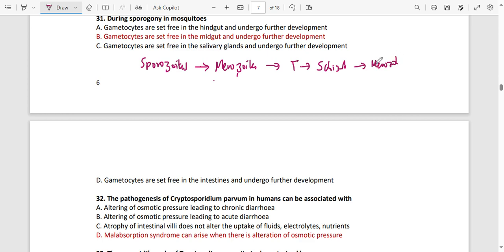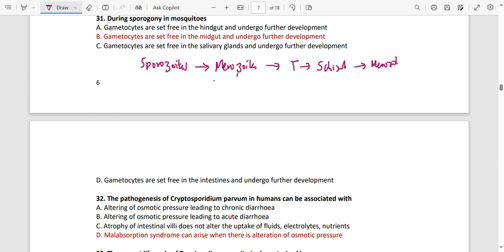These merozoites can as well infect other red blood cells, and it continues like that. If this was vivax or ovale, the merozoites, which are in the liver, can end up forming hypnozoites.